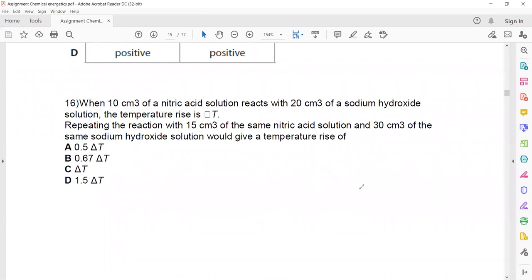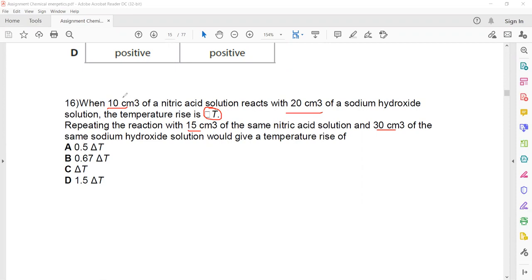When 10 cm cube of nitric acid reacts with 20 cm cube of sodium hydroxide, the solution's temperature change is delta T. Now repeating with 50 cm cube with 30 cm cube, what would be the change in the temperature?